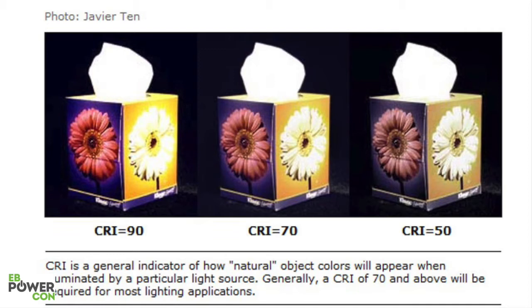Color rendering index, as I mentioned before, is 0 to 100. So the closer you are to that 100, which is daylight, the more natural the color will look. So the higher the color rendering index, the more vibrant the colors are that you're looking at.